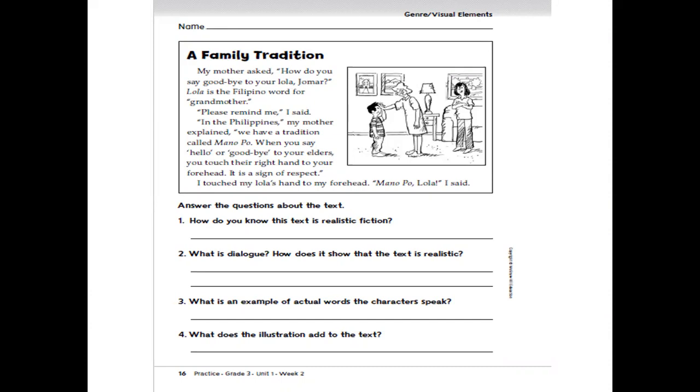When you say hello or goodbye to your elders, you touch their right hand to your forehead.